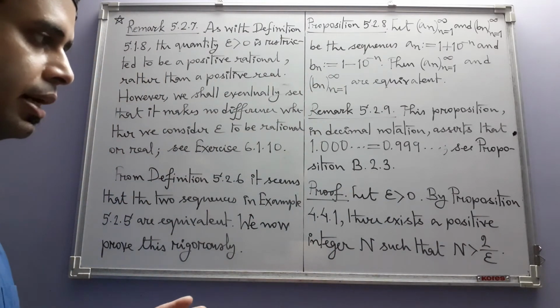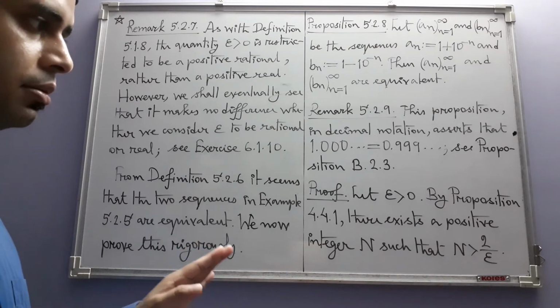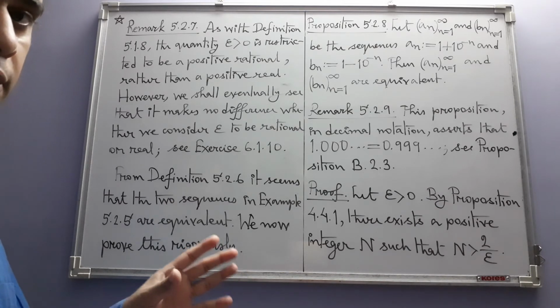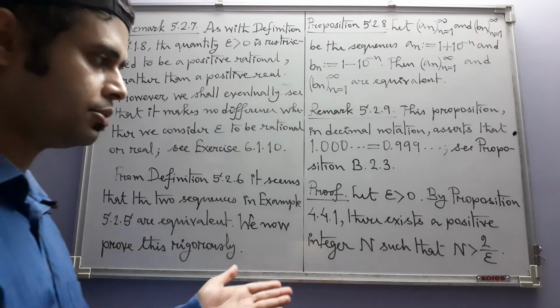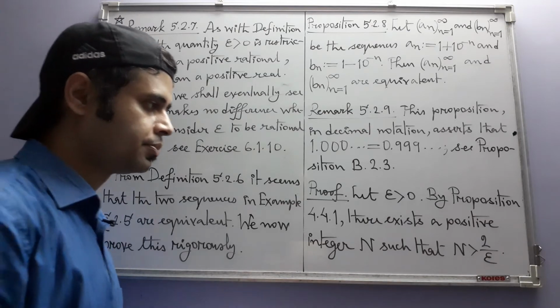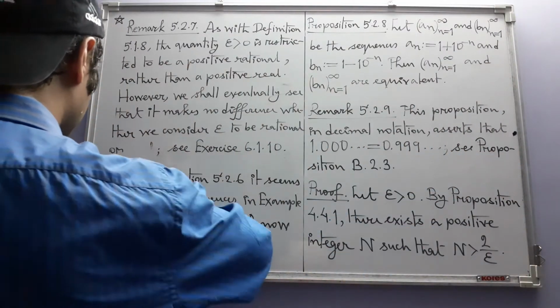If I am remembering correctly, there also we considered N to be greater than 2 by epsilon, but don't think that that is the only thing you have to always take. It depends on the situation what N you will choose. Okay, in this case it happens that the same choice also works here.